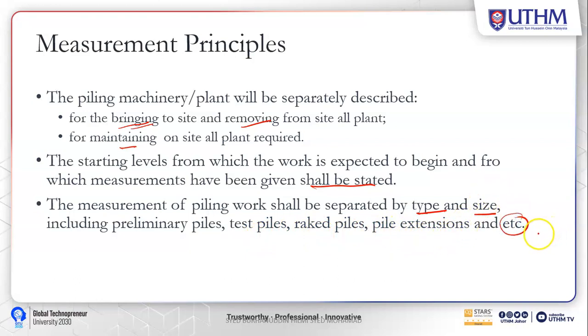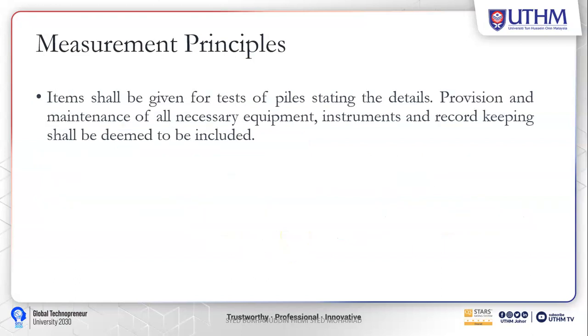All of these, I think you already learned in the construction engineering course. You will know about the pile, the preliminary pile, the extension, the record pile, and also you need to do the test on every pile. Items shall be given for test of pile stating the details. So where can we get these details, class?